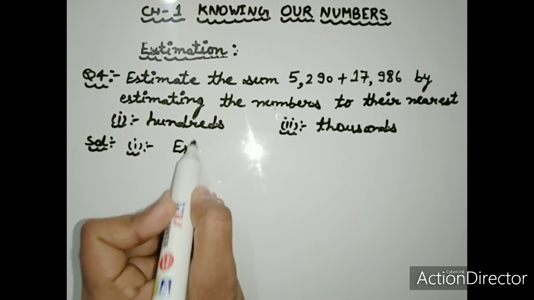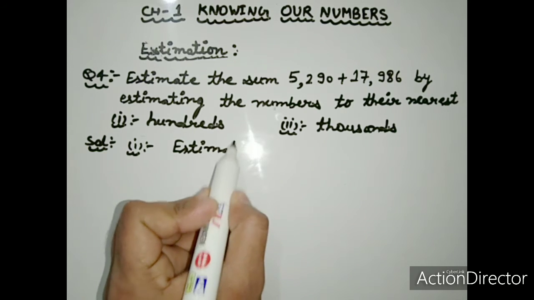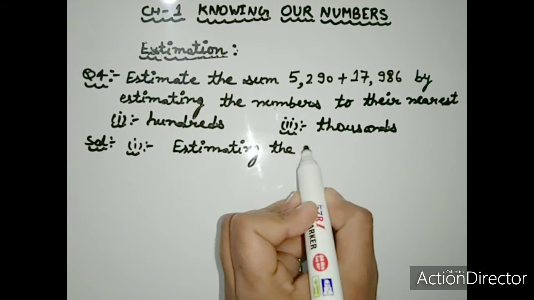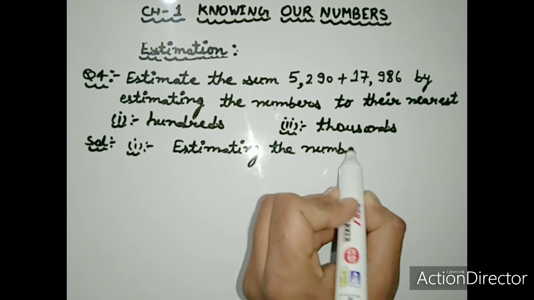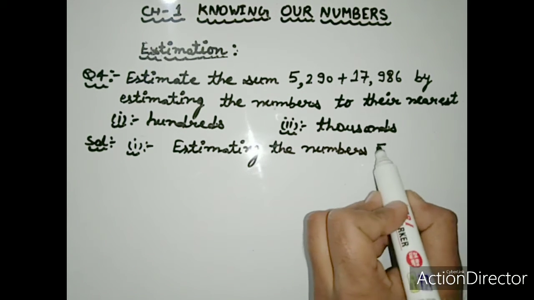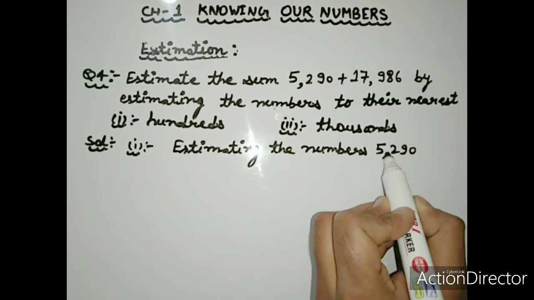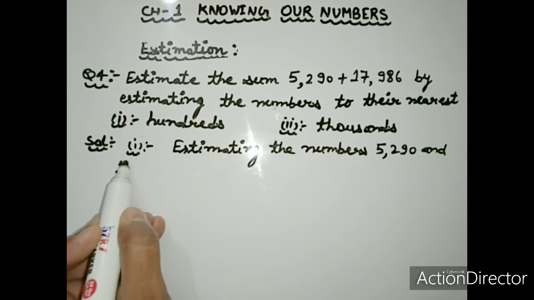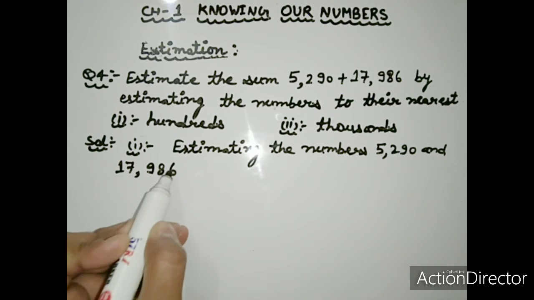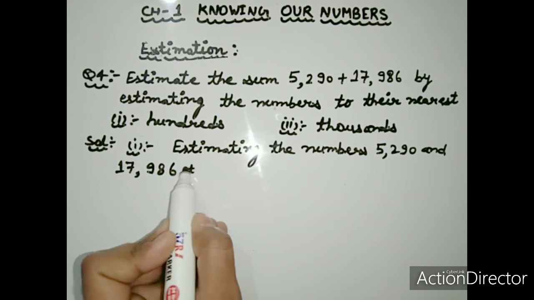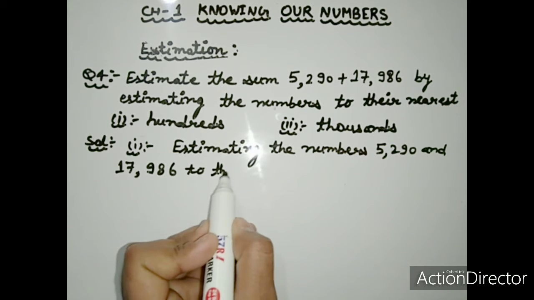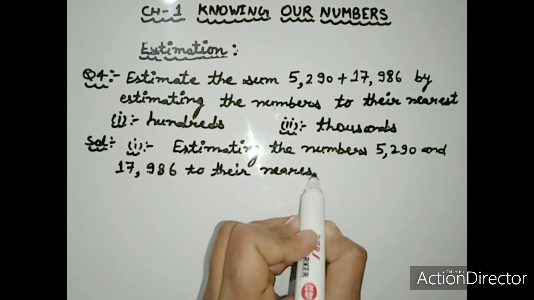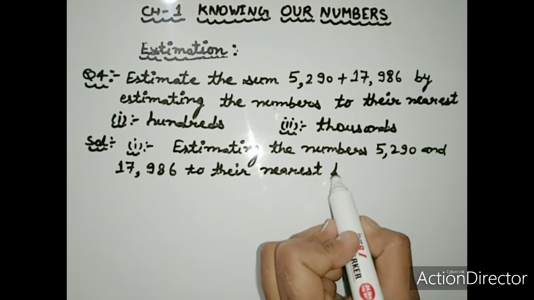So estimating the numbers 5,290 and 17,986 to their nearest hundreds.